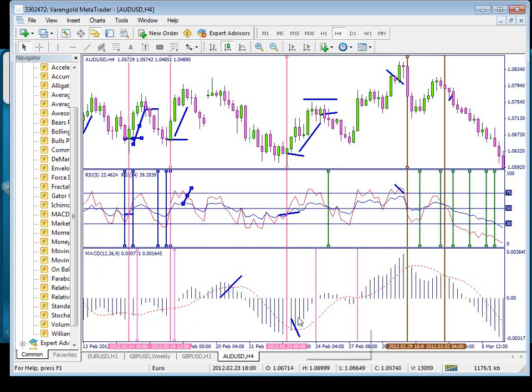So if this red line is crossing the zero line and the candles are formed over the zero, it is a signal for buy. In theory, this is the signal of buy when the red line is going outside from the histogram, but there are also traders who consider the cross of the zero line a signal for buy.